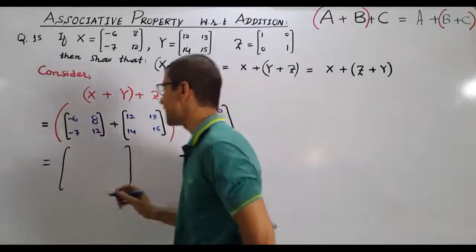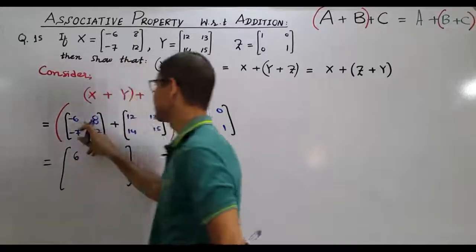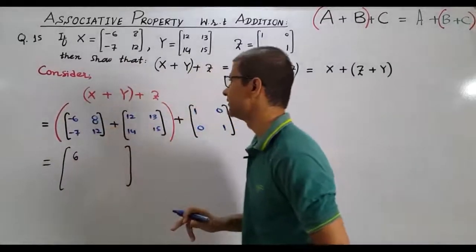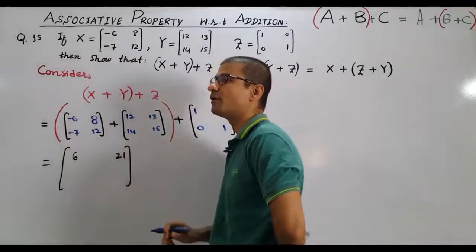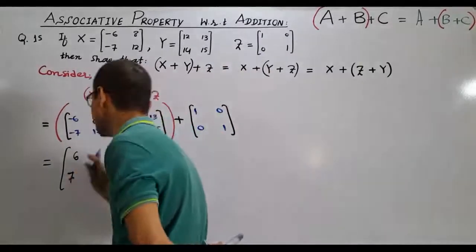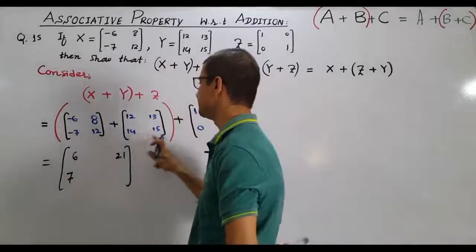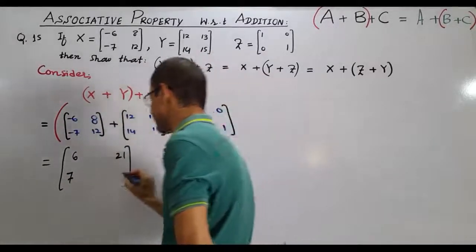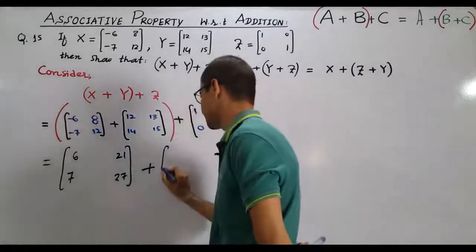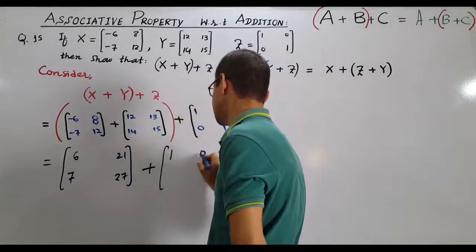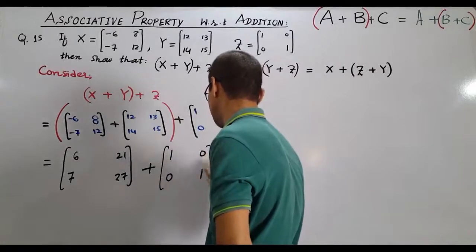-6 plus 12, answer is 6. 8 plus 13, answer is 21. Minus 7 plus 14, answer is 7. 12 plus 15, 27, plus the third matrix 1 0 0 1.